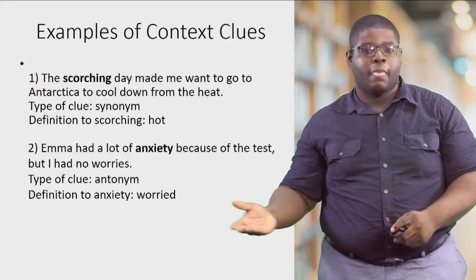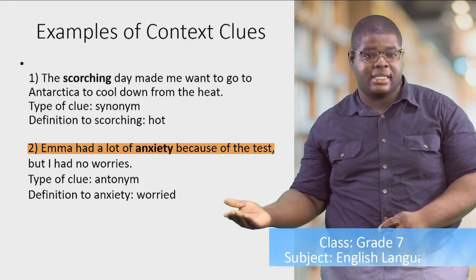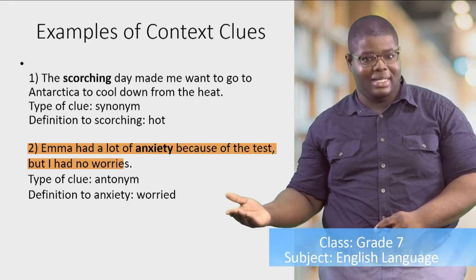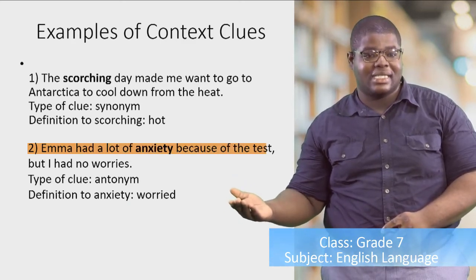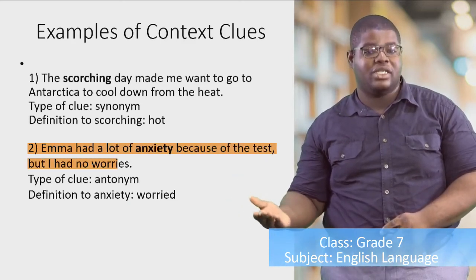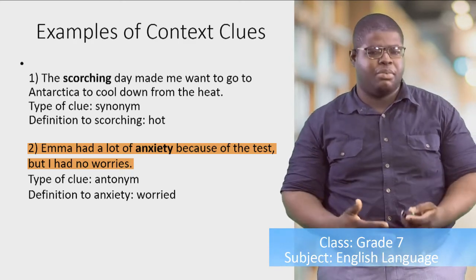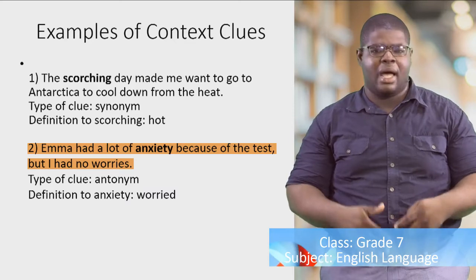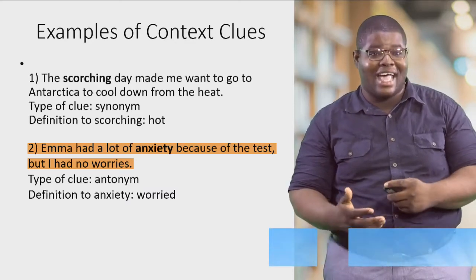Number 2. Emma had a lot of anxiety because of the test, but I had no worries. You know, some of us have tests. Even me, I don't like writing tests because what? We start breathing deep, we start worrying, oh God, if I fail, what's going to happen to me? Some of you say, oh God, my parents can beat me. So we have this kind of anxiety.